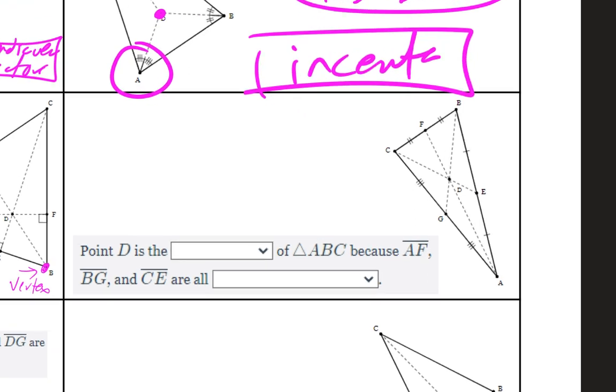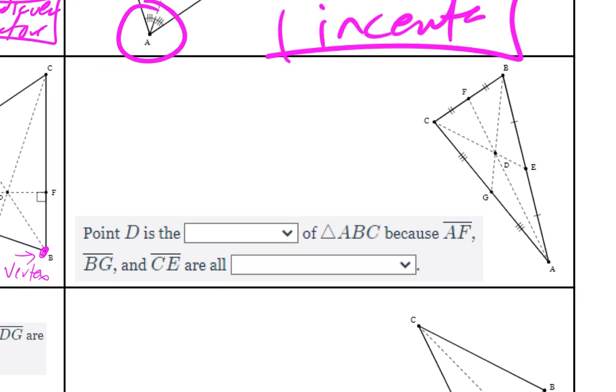All right, what about this one, point D? What do you think? On this one, we notice these, right? What does that tell us about that point right there? These tell us that this has to be the midpoint, right? And then the other end, let's look at the other end of that. That goes up to the vertex, right?